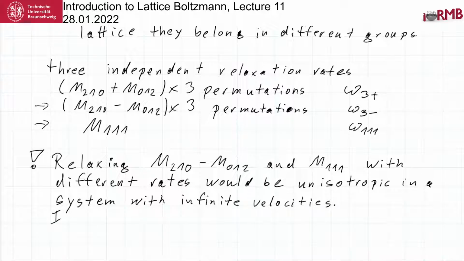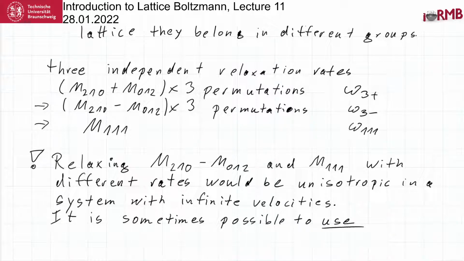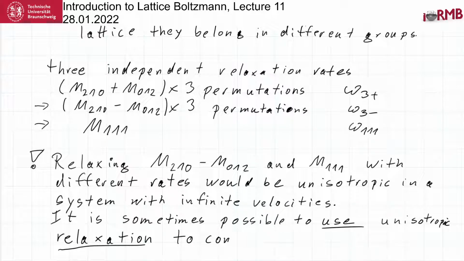However, in practice, because the lattice is already anisotropic, it is sometimes possible, and this is actually done in practice, to use anisotropic relaxation to compensate for the anisotropy of the lattice.